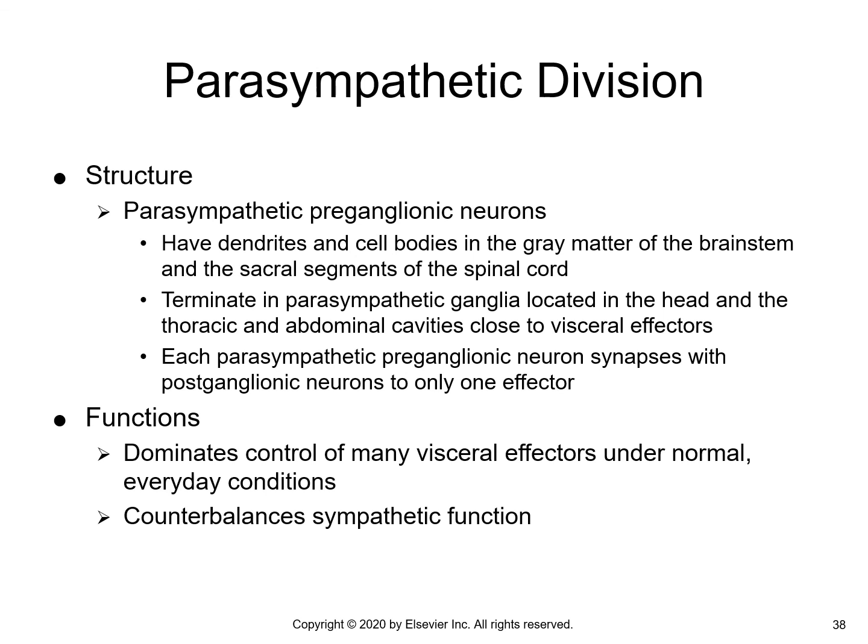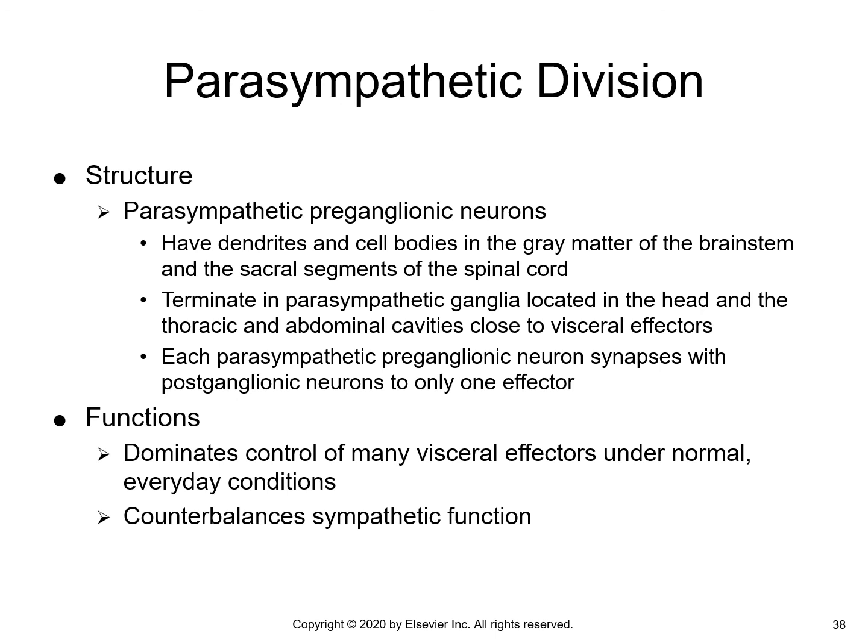Okay, students, so let's talk about the parasympathetic nervous system and the parasympathetic division, which is the opposite of the sympathetic nervous system. The structure: parasympathetic preganglionic neurons have dendrites and cell bodies in the gray matter of the brainstem and the sacral segment of the spinal cord. So here we go, dendrites, cell bodies, all of this intermixed, intergrowing, and interfunctioning in this nervous system.